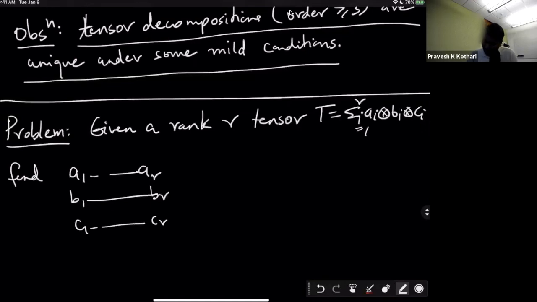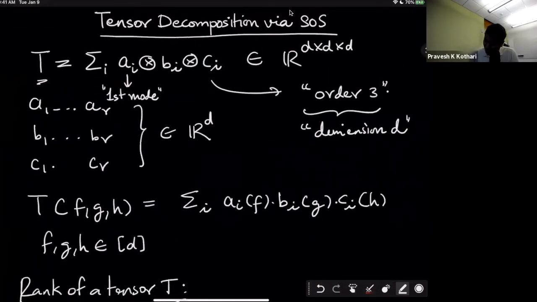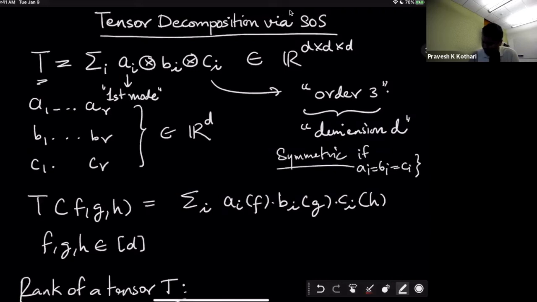Oh, I should have said, by analogy with matrices, you should not be surprised that I will call a tensor decomposition symmetric if Ai equals Bi equals Ci. You should not be surprised at this terminology, I guess. Good.